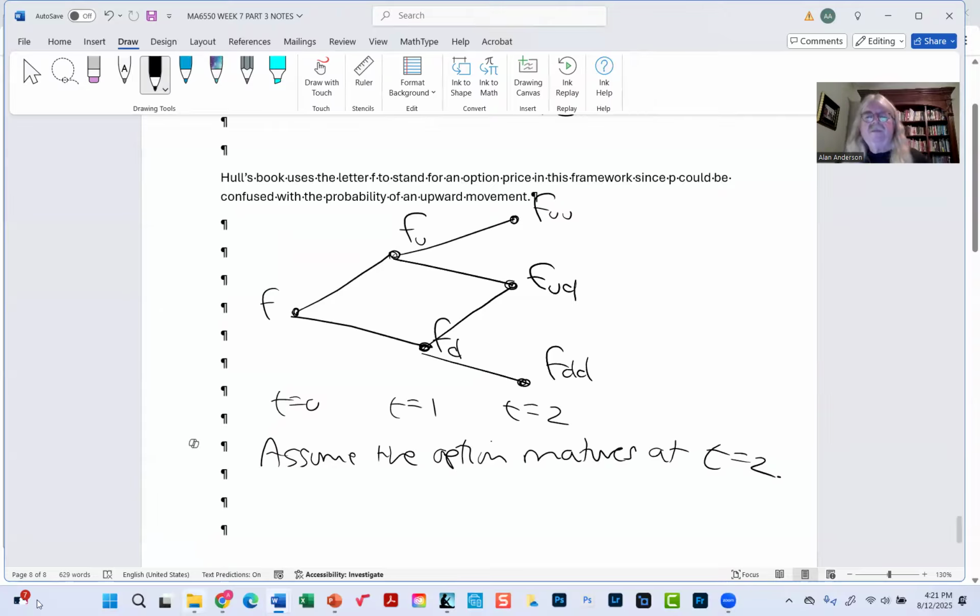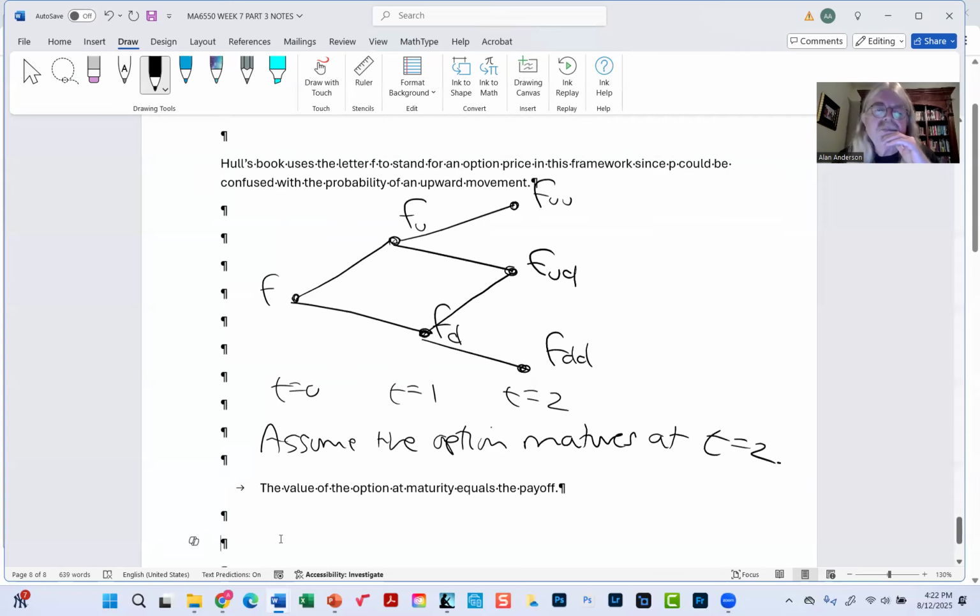That means the option expires, and the value of the option at maturity equals the payoff. Remember, the payoff and the market price are identical on the maturity date of the option. So let's keep things simple and assume that this is a call.